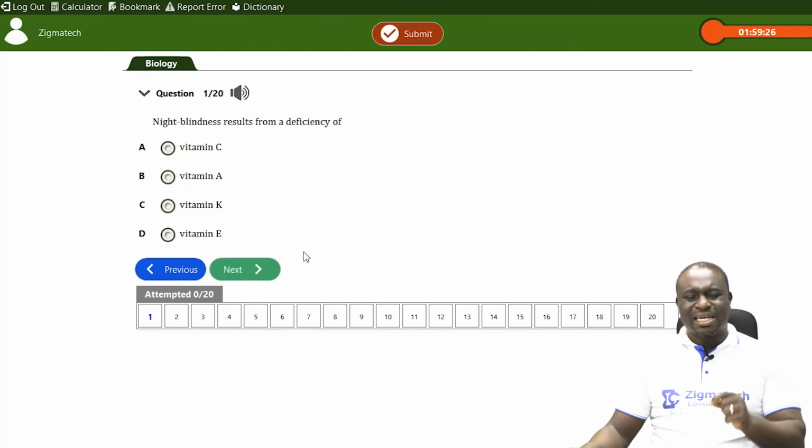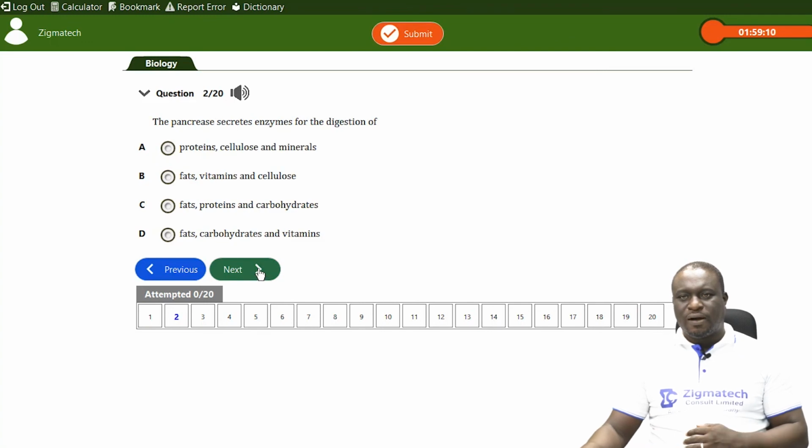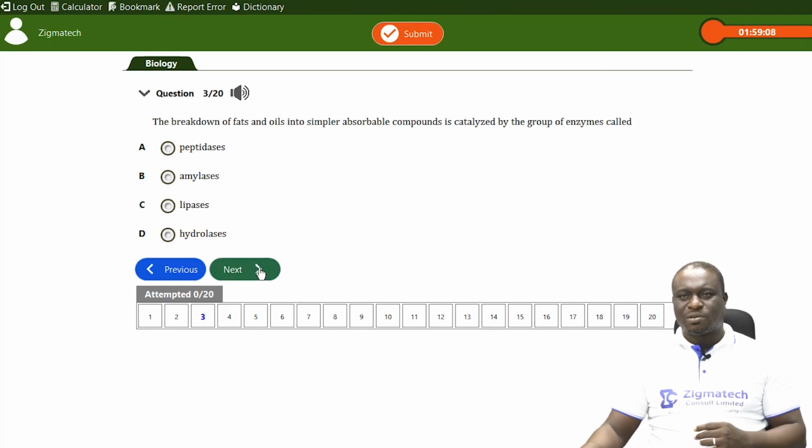Option C is vitamin K. Deficiency of vitamin K is hemophilia or hemorrhage. And then option D is vitamin E, and deficiency of vitamin E is sterility or infertility. Let's look at the second question. This one talks about enzymes.